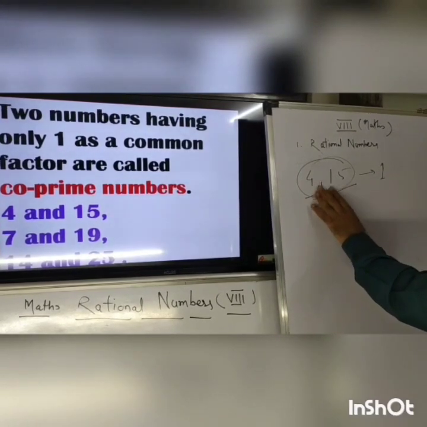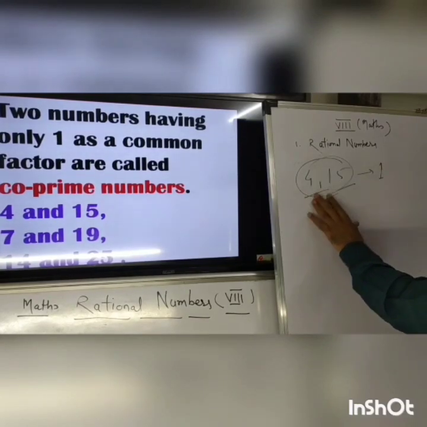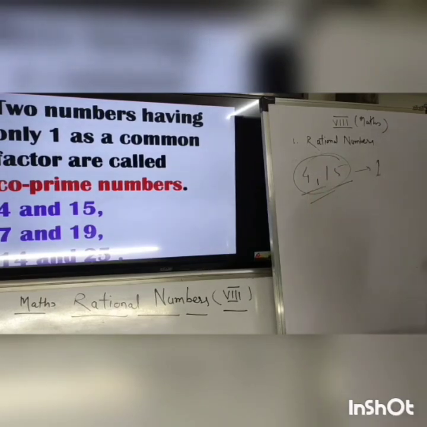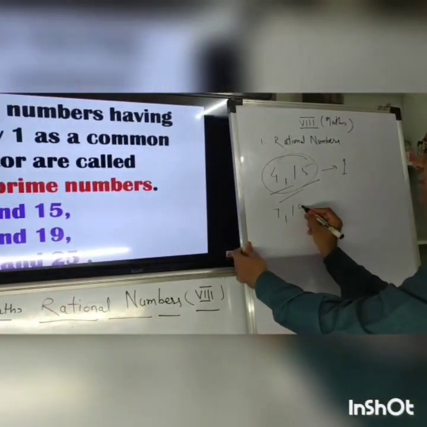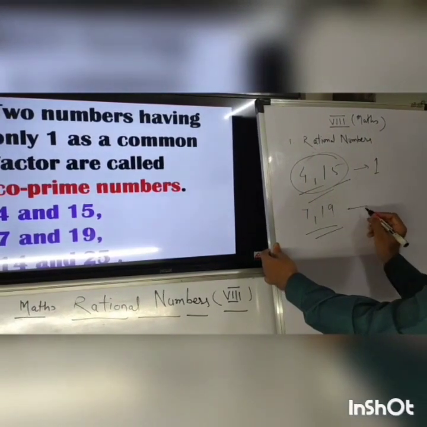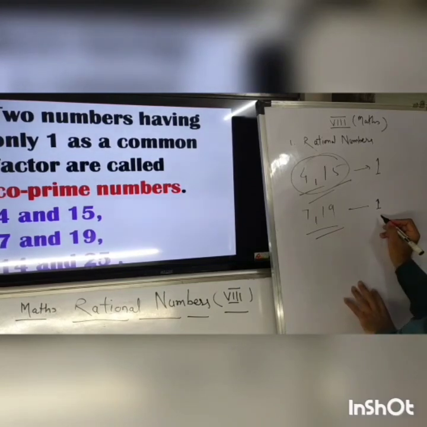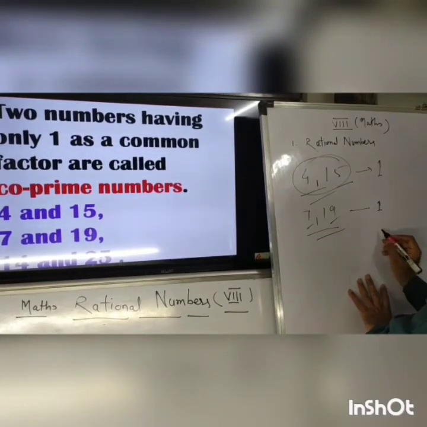What is the application of co-prime numbers? When we reduce a rational number or fraction, the numerator and denominator become co-primes. Another example, say 7 and 19. 7 and 19 have only one common factor, that is 1. So 7 and 19 are co-prime numbers, and they are prime numbers also.